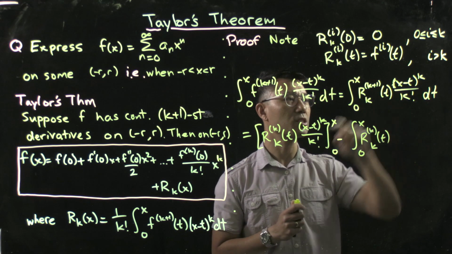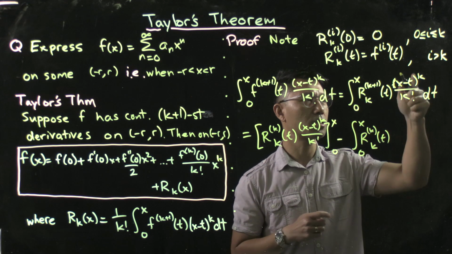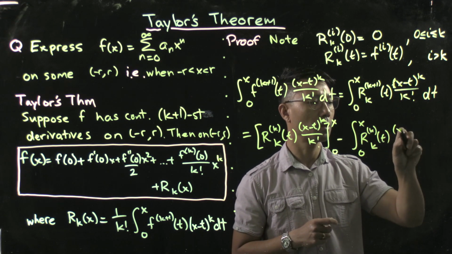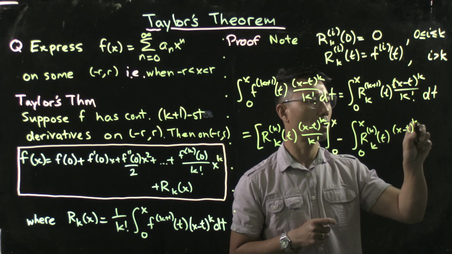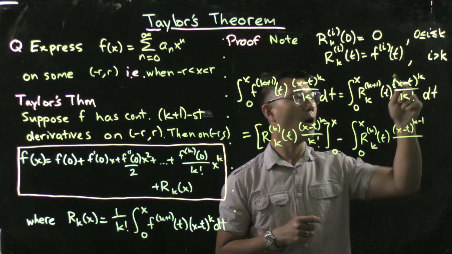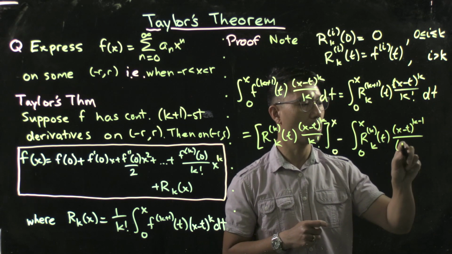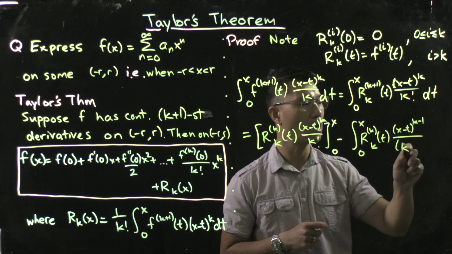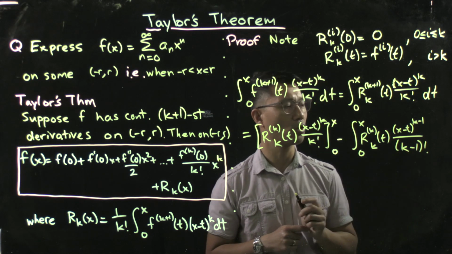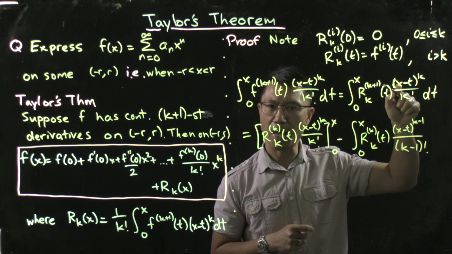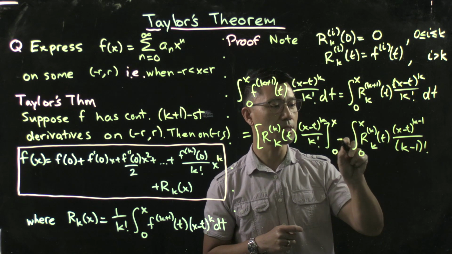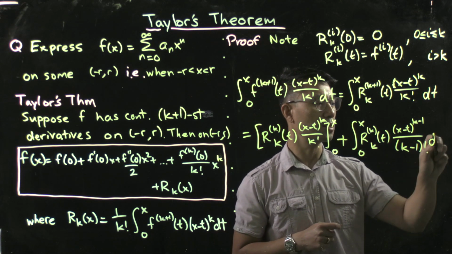When we differentiate this term, firstly, this power goes down by 1. The k comes downstairs, so it cancels with the biggest factor here to give you only (k minus 1) factorial. There's also the derivative of the x minus t term, which is negative, so this is actually a plus, and this is dt.